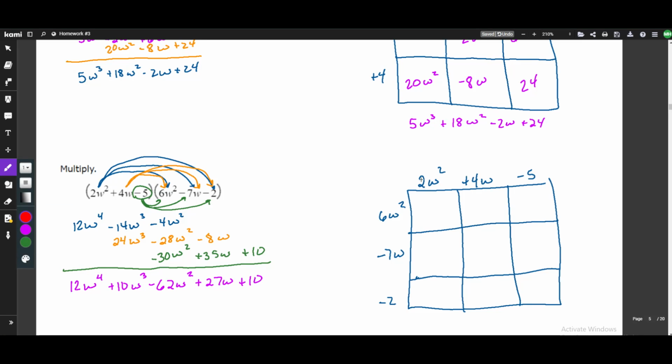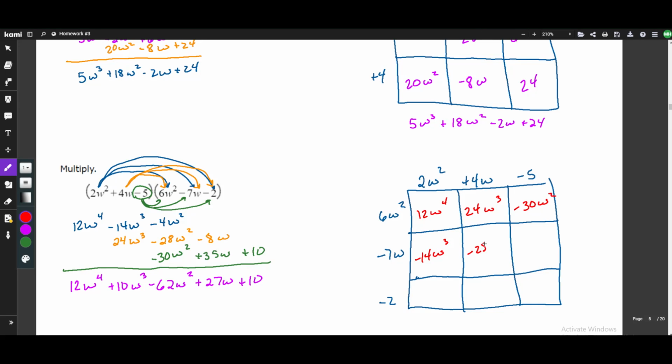So we can do our like terms whichever color we want. Let's do red. So this is going to be 6 times 2 is 12, w to the 4th. 6 times 4 is 24, and w, there's 3 of them. 6 times negative 5 is negative 30, w squared. Now next row, I'm going to do the same thing. Negative 7 times 2 is negative 14, and then there's going to be 3 w's.